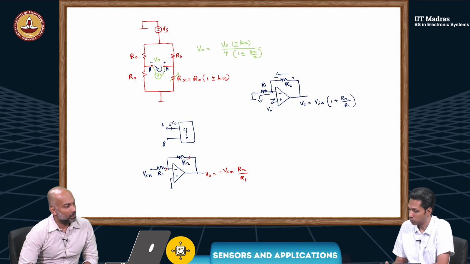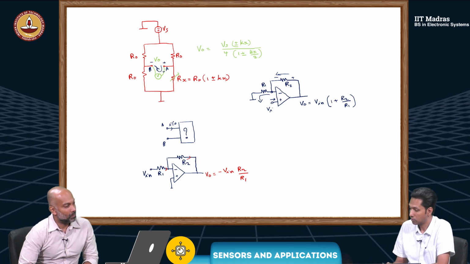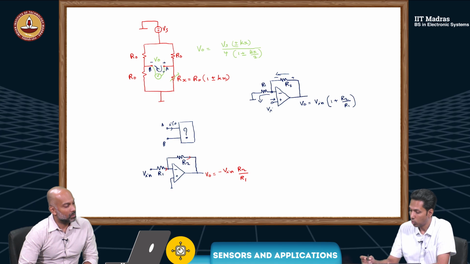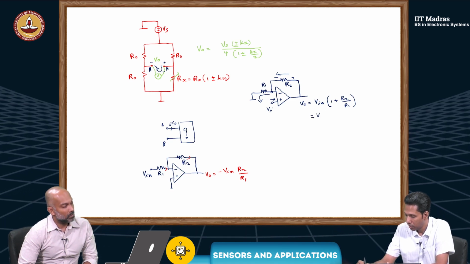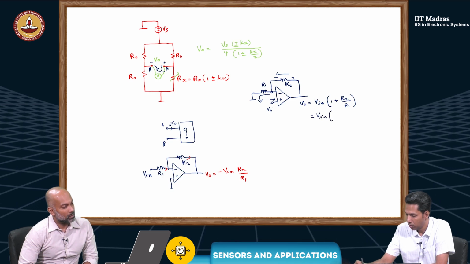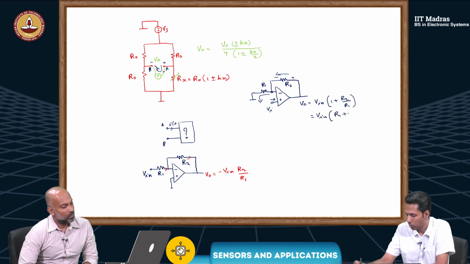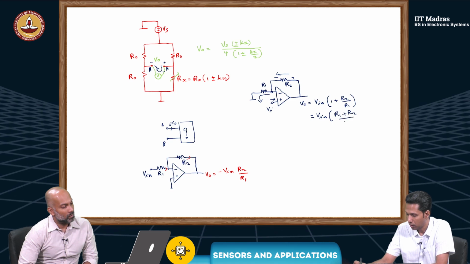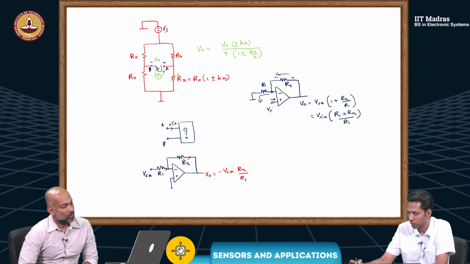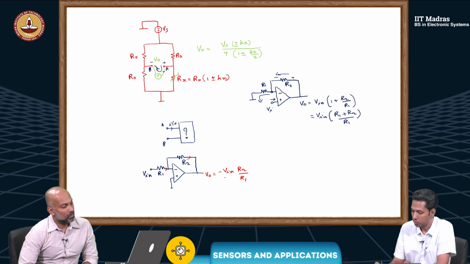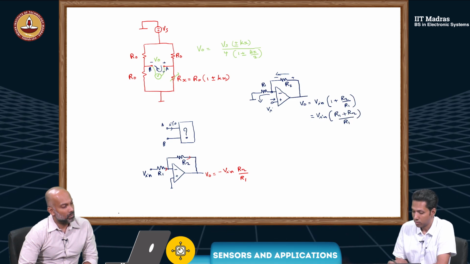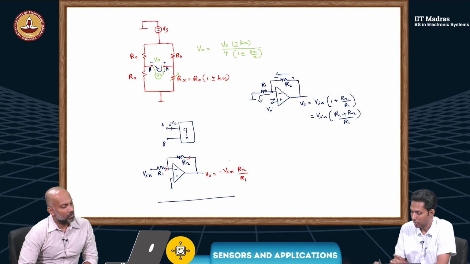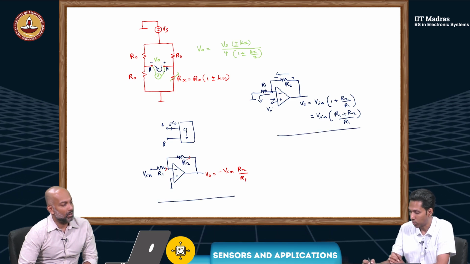Not sure how to do. So the only thing I know is here we can write it as Vin into (R1 plus R2) by R1, and here it is minus Vin into R2 by R1. So this configuration gives something negative, this configuration gives something positive.